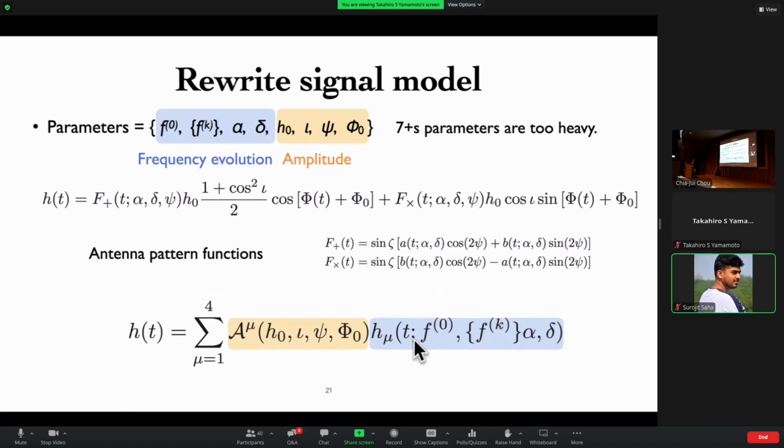So they control the frequency evolution. And the coefficients, we denote by A mu, A1, A2, A3, and A4. They are time independent, and they include only these 4 parameters. They control the amplitude. So the point is that we can separate these 8 or 9 parameters in this way.